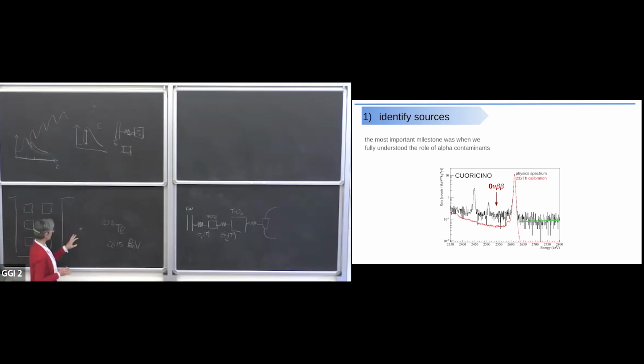But believe me, even if I move this source over here, and even if I deploy the source inside the detector, I will see events over here. So for sure, in my data, a fraction of the events that populate the region of interest have to be correlated to this thallium line.